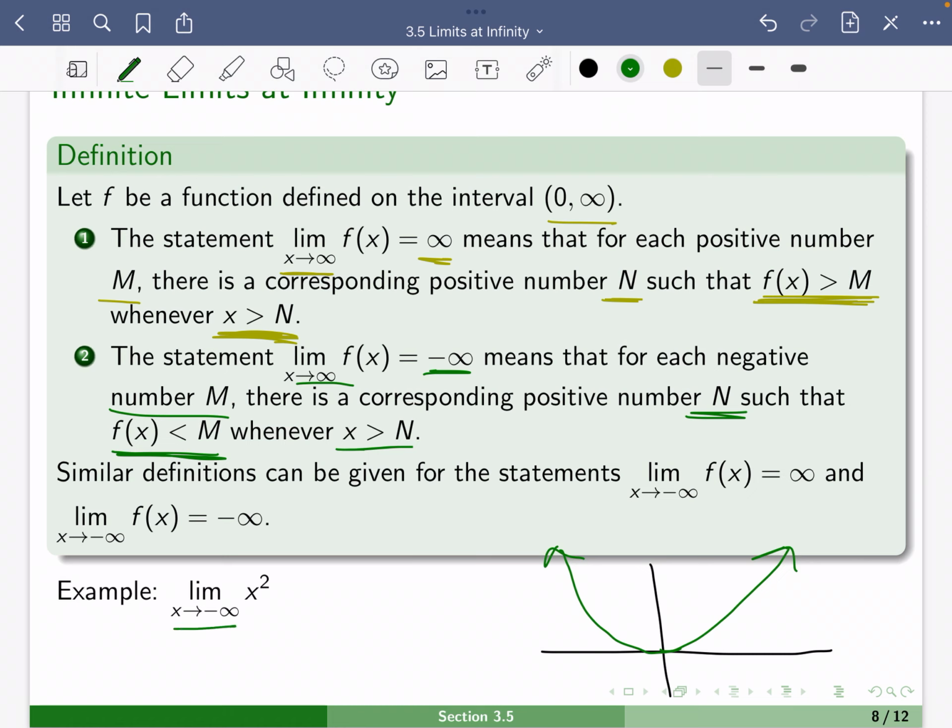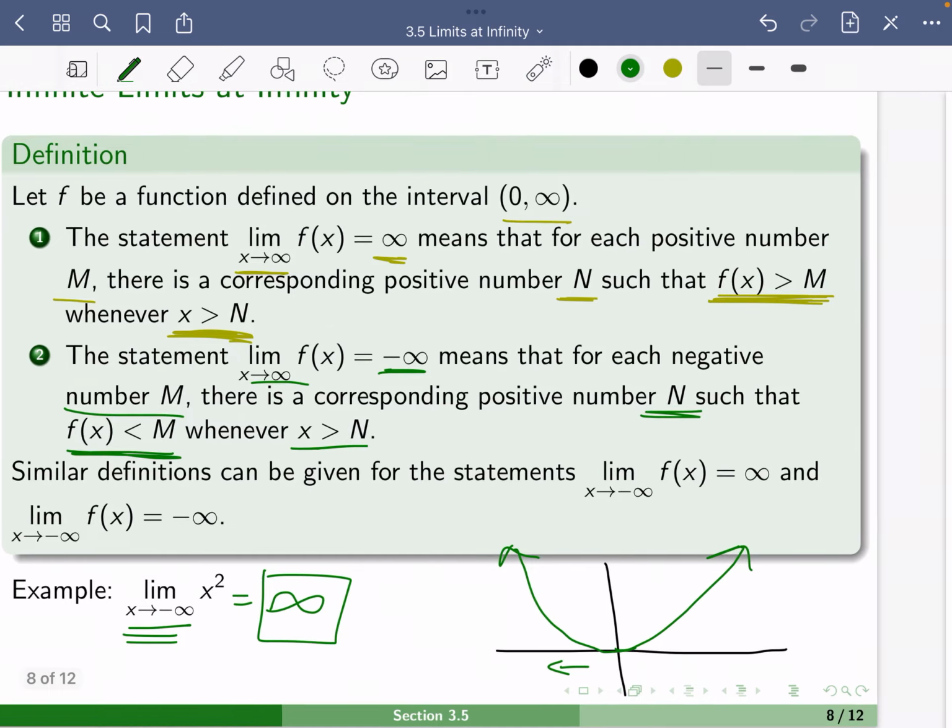As our x value is heading towards -infinity, so our x value is getting really, really small, what's happening to the y value? Well, it's just getting larger and larger and larger. So this limit, we would say, is infinity. Excellent.